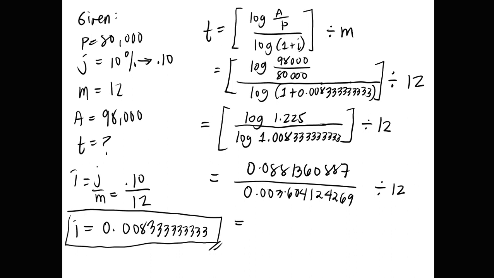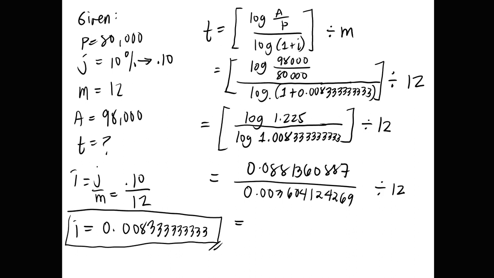Okay. Next po, we will divide these two. Ayan. So, lahat ng nasa numerator, divide it na nasa denominator. Okay. So, pag dinivide po natin yan, we have 0.088,136,0887. Ayan. Divide po natin siya sa 0.00360,412,4269.